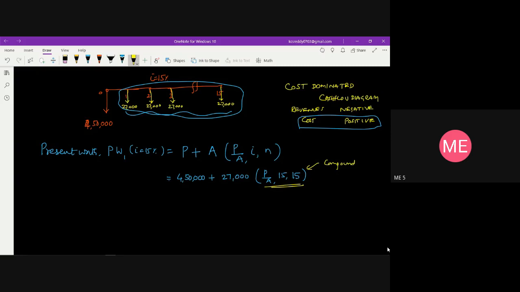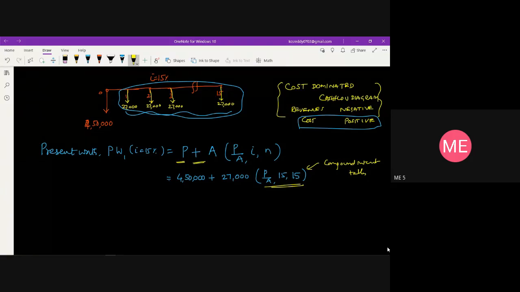You should know why I am using the plus sign here and also here, that is very important, because it is a cost dominated cash flow diagram. In the cost dominated cash flow diagram, revenues will be taken as negative, but there is no revenue cash flow here. All the arrows are downward, which means all represent costs, and with no revenues at all, all will be taken as positive.